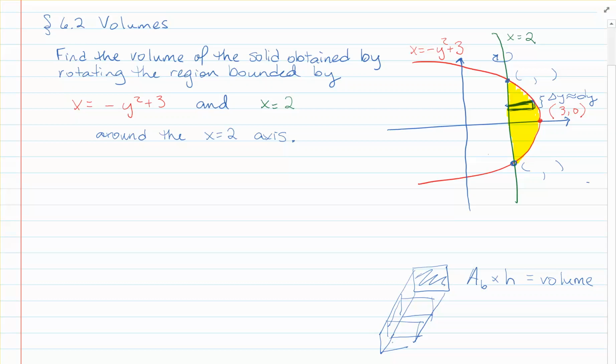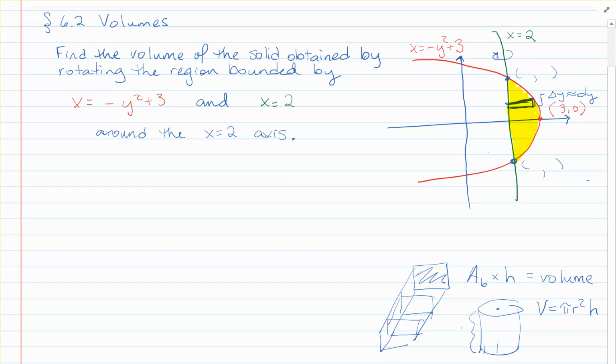Or another prism that you're probably familiar with is a cylinder, where the volume of the cylinder is the area of the base, which is pi r squared, times the height, where our height is like this and our radius is like this. And sometimes our cylinders are tall and skinny, and sometimes they're very short and flat, but even coins can be cylinders, right? Very small height and a larger radius.